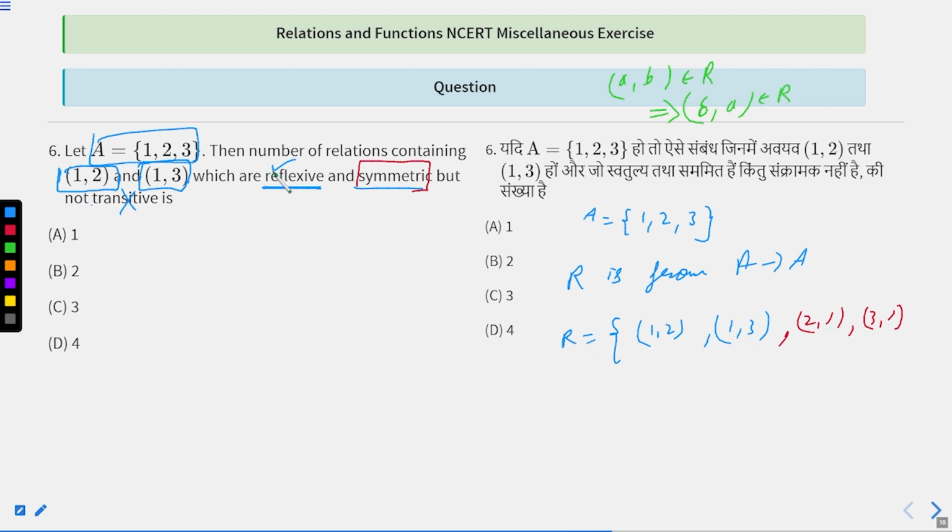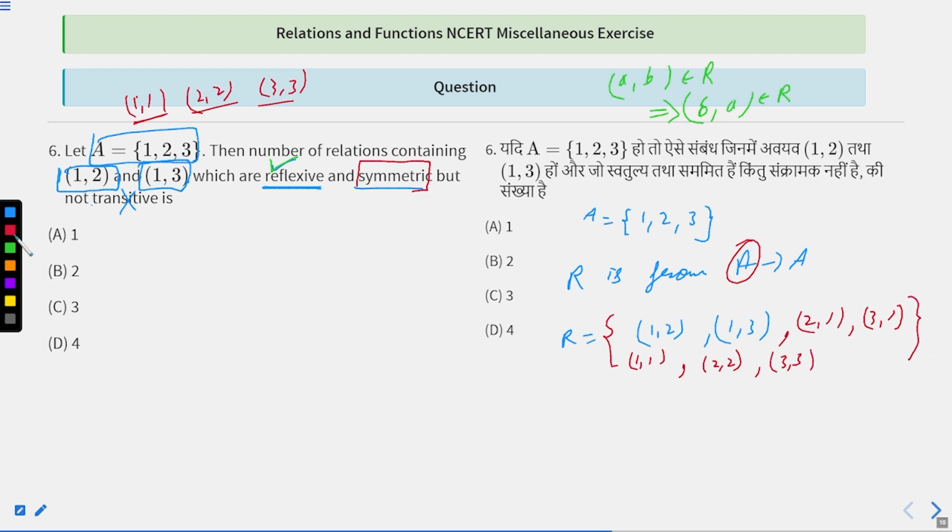Now it must also be reflexive. For reflexive, the pairs 1, 1, 2, 2 and 3, 3 must also belong to the relation R if my relation is going to be reflexive. So let me put these pairs also. These are the necessary elements.